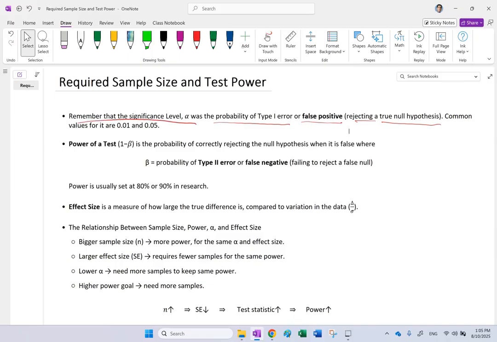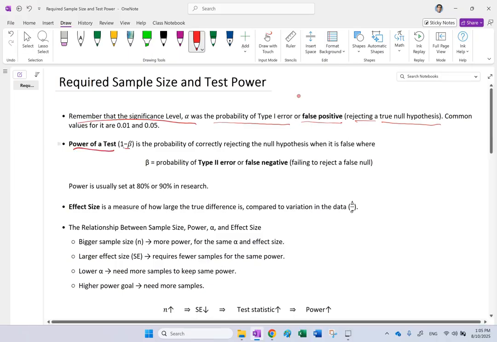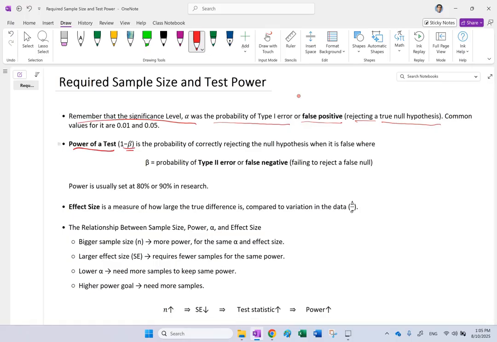On the other hand, we have something called power of a test, or 1 minus beta, which is the probability of correctly rejecting a null hypothesis that was false. In relation to this power of the test, we can define beta to be the probability of type 2 error, or false negative.